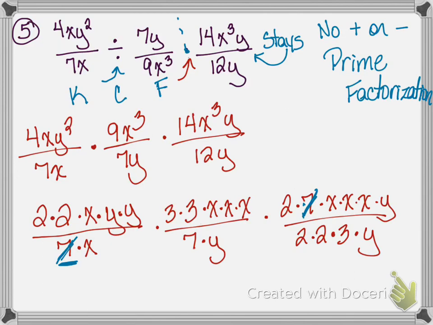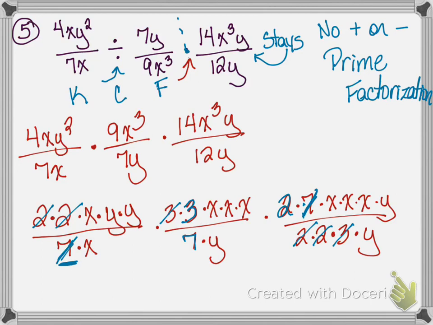Okay? Then I have a set of 2's right here that I can cancel with these. Okay, I have 1, 3 I can cancel. So it looks like I've got a 3 and a 2 left in the numerator for my numbers, and a 7 left in the denominator.